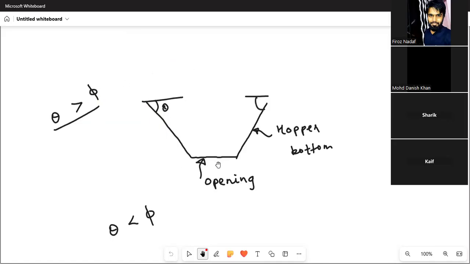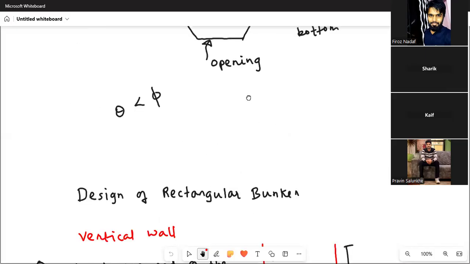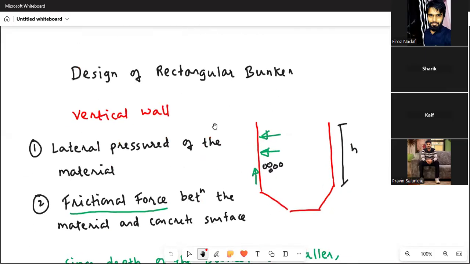The hopper bottom is provided with an opening so that the material can go out of the bunkers or the silos. First we will do the design of rectangular or square bunker. After that we will study the design of circular bunker.